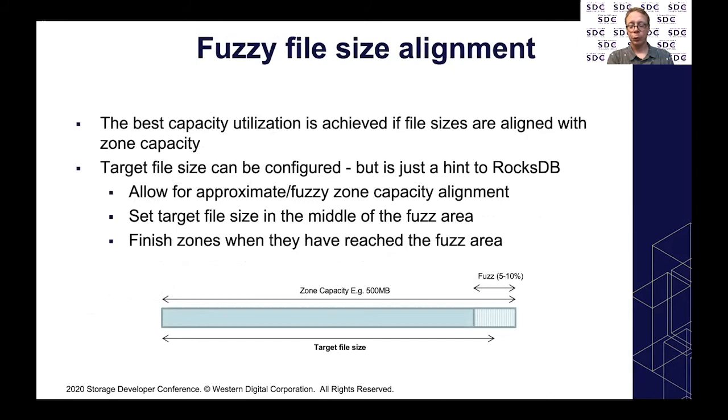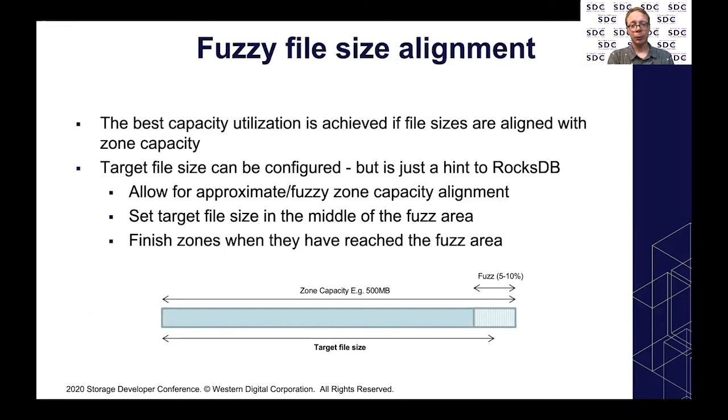So if we don't have to collocate data from different files in the same zone, that is the best solution, if we can do that, because then we can directly reuse that zone when a single file is deleted. And target file size can be configured in RocksDB, but that seems to just be a hint to RocksDB. It doesn't follow that exactly.